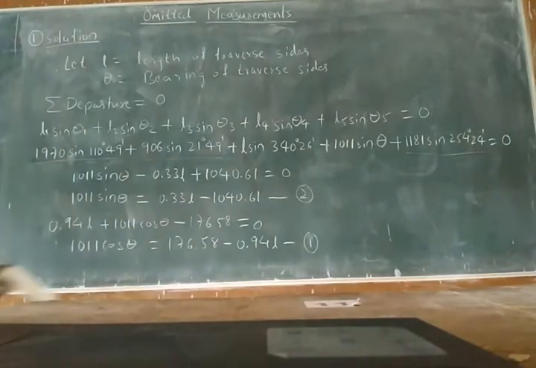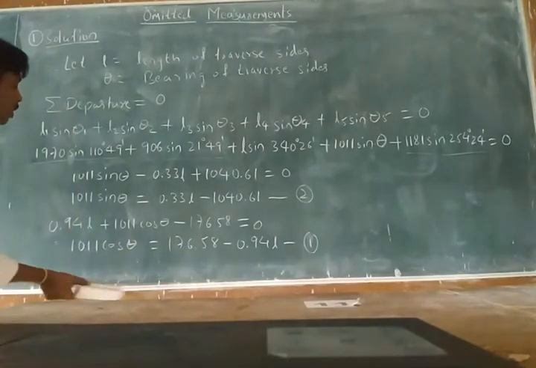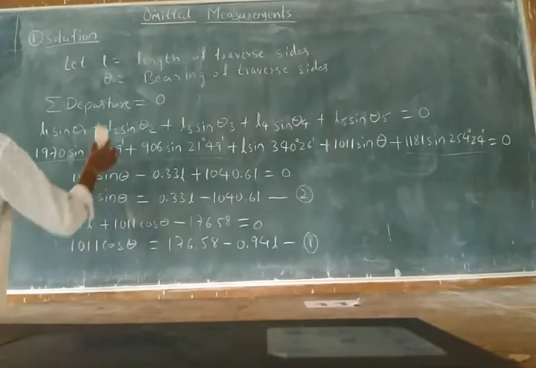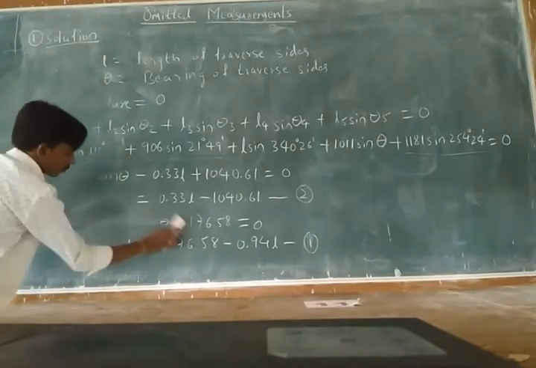So I am going to erase all the other things and I am going to square the equations. I will show how. I need space, so I am erasing it.